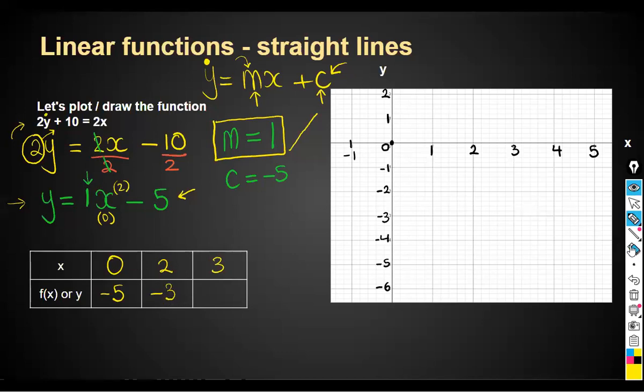And then if we replace the x with positive 3, 1 multiplied by 3 is 3. 3 minus 5 is minus 2. How many people could agree with those answers? A lot of people did get it and they sent it.